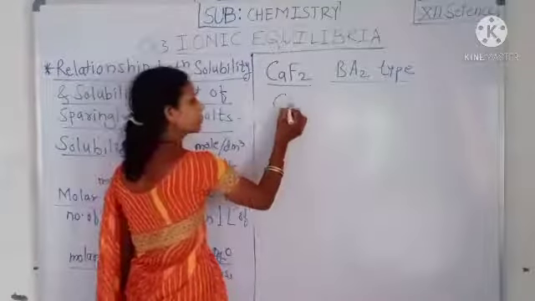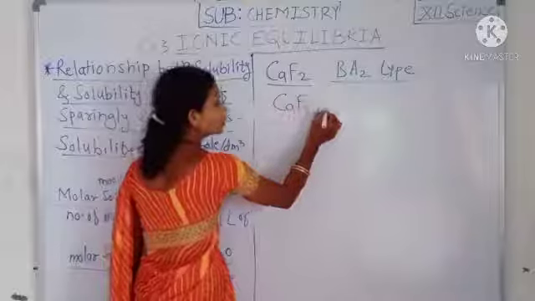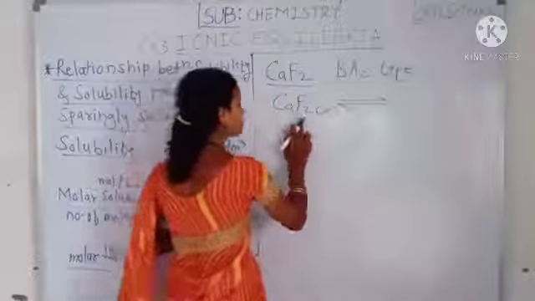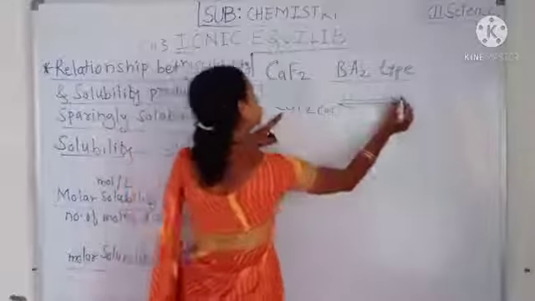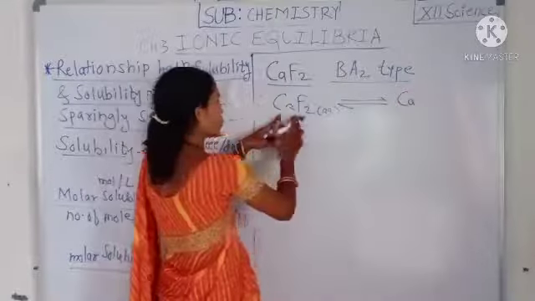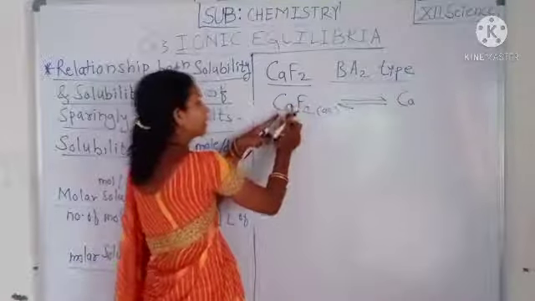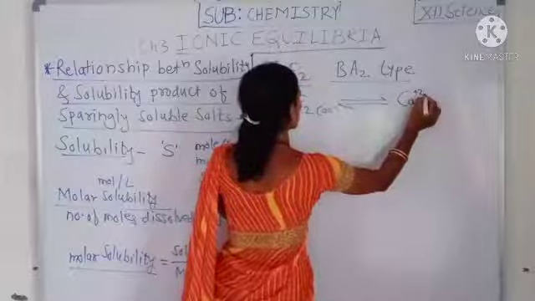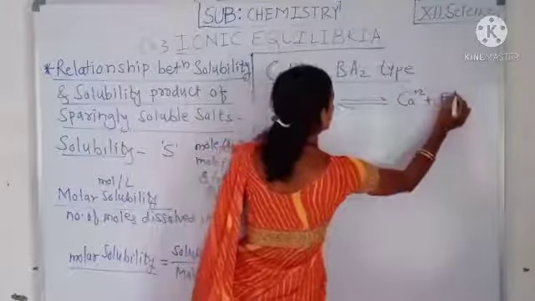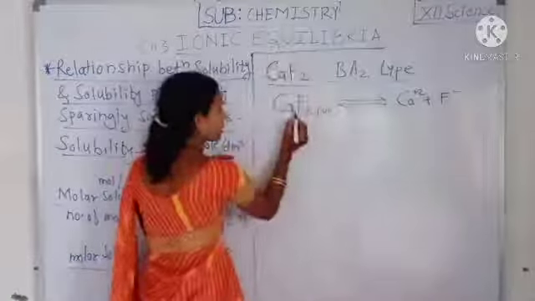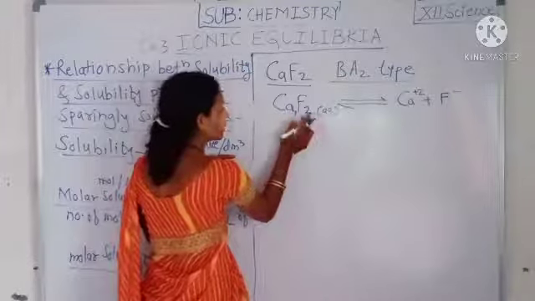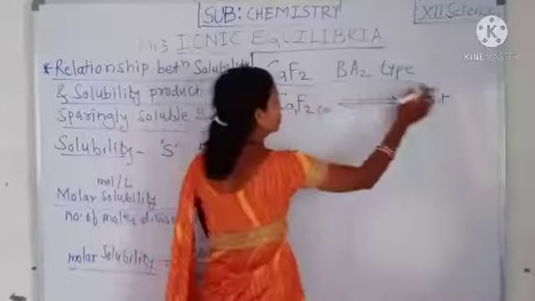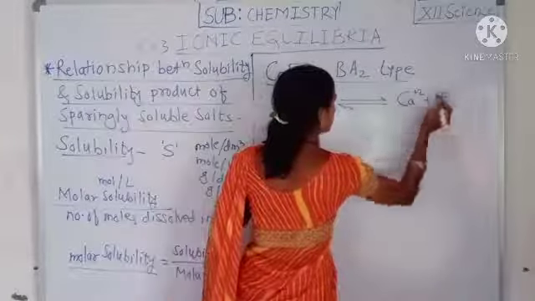Therefore, see here, CaF2 when dissolved in aqueous medium dissociates to give, write down the ions for calcium ion and fluoride ion correctly, that is Ca2+ and F-. Calcium has 2 and fluorine has 1, that is minus 1.